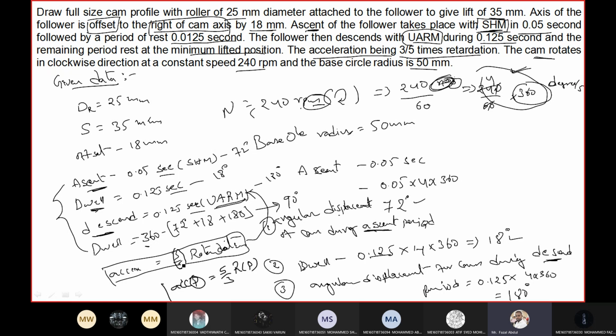Blindly I'm telling because there is so much procedure; this procedure is not important. Whenever you convert the acceleration value into period, write the reciprocal, 5 by 3 of the retardation period.